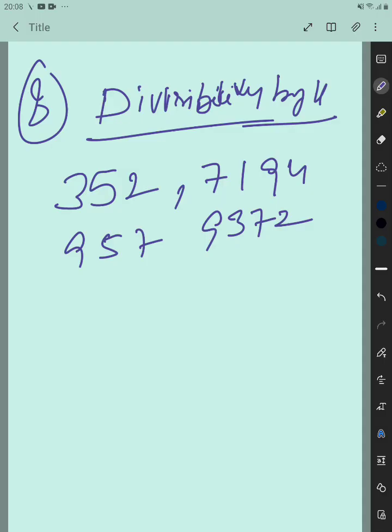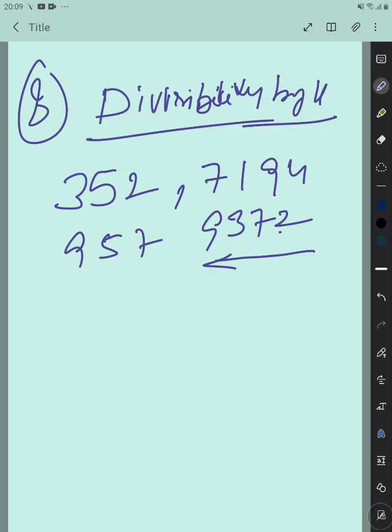If that is a multiple of 11, then that number is divisible by 11. Whenever you are counting the odd and even places, you count from the right side.